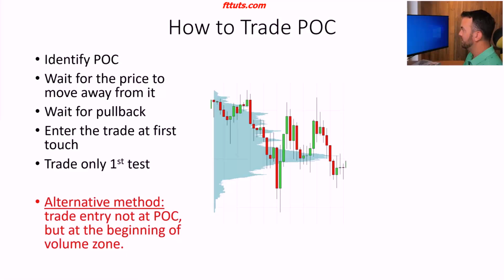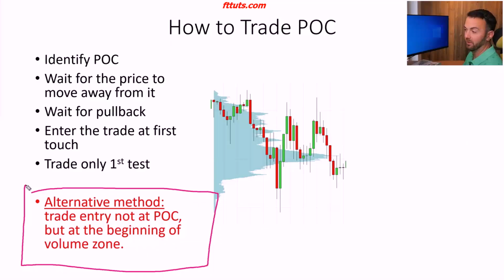Now, what I actually do and what I currently prefer is an alternative method. It's very, very similar, only you don't place the trade entry at the point of control, but at the beginning of the volume zone. Let me show you.